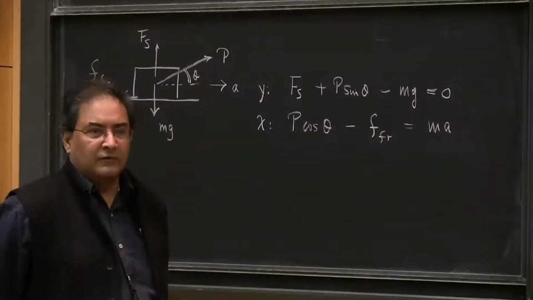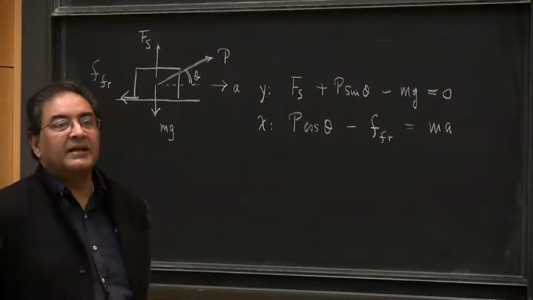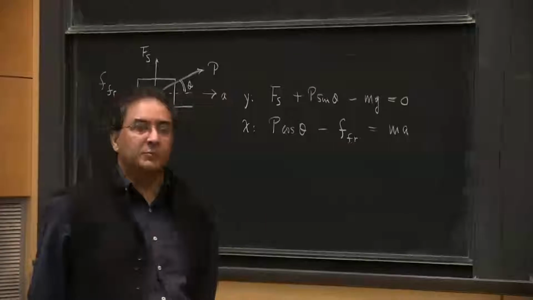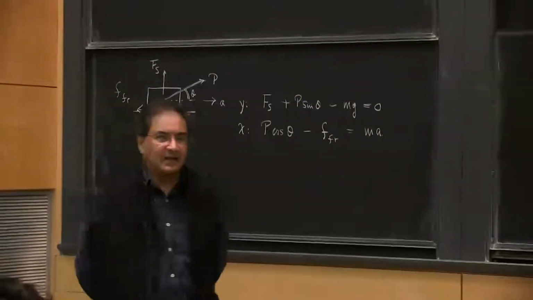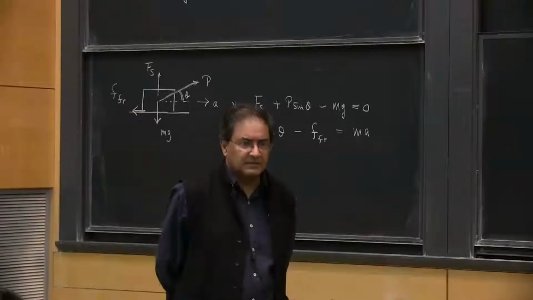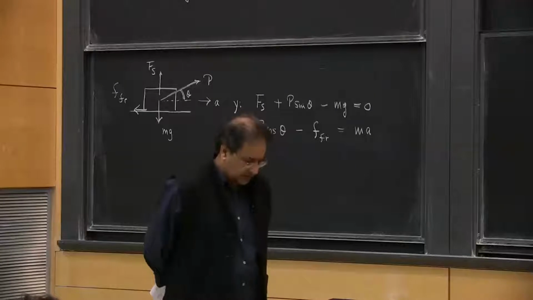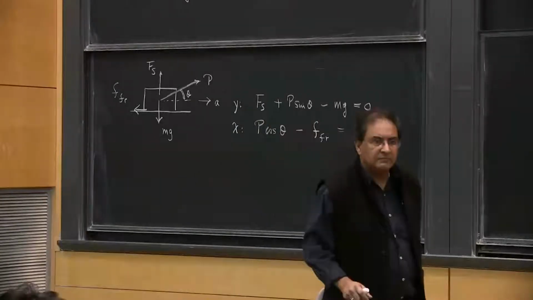You have to be a little careful. Force of friction can always be negative, but in what respect? Force of friction is always an opposition force. So it ultimately depends upon your choice of what is positive and what is negative. Right? But it's always an opposition force. It's not really something that helps you.